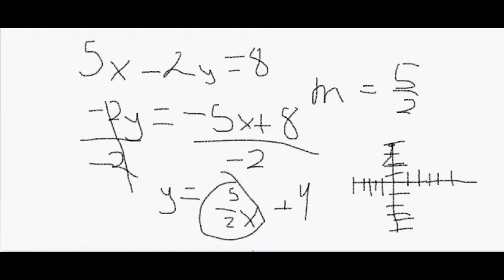X is positive 4, which starts here. That's the y-intercept. Then we go up 5 across 2. Here I'll go opposite for this one: 1, 2, 3, 4, 5, and across 2, 1, 2. And again, 5 and 2. That's how you would do 39 to 47.